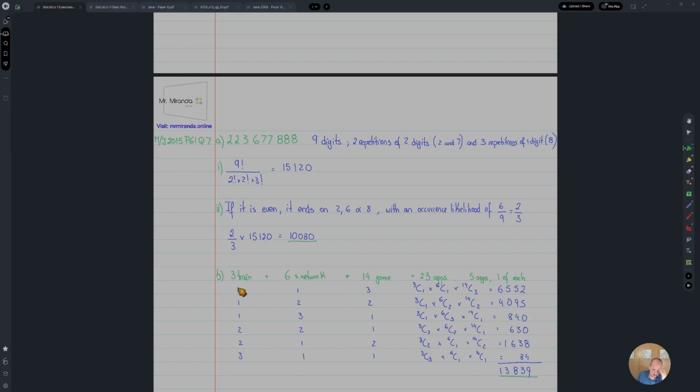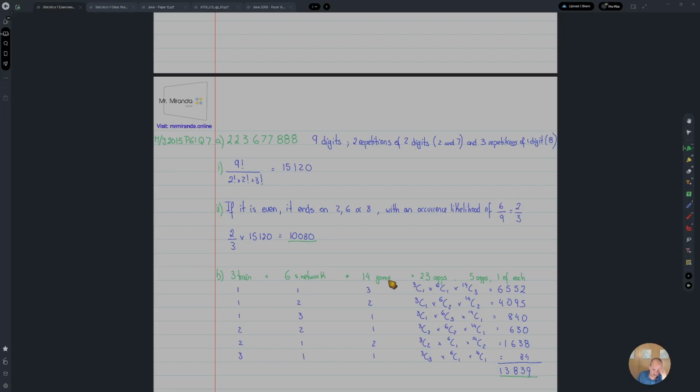So one possibility is that she gets 1 train, 1 social network, and 3 game, or 1 train, 2 social network, and 2 game. And well, you have here all the different possibilities. For each one of them, you have your own set of combinations. Again, the order doesn't matter for the number of apps that are bigger than 1, okay?